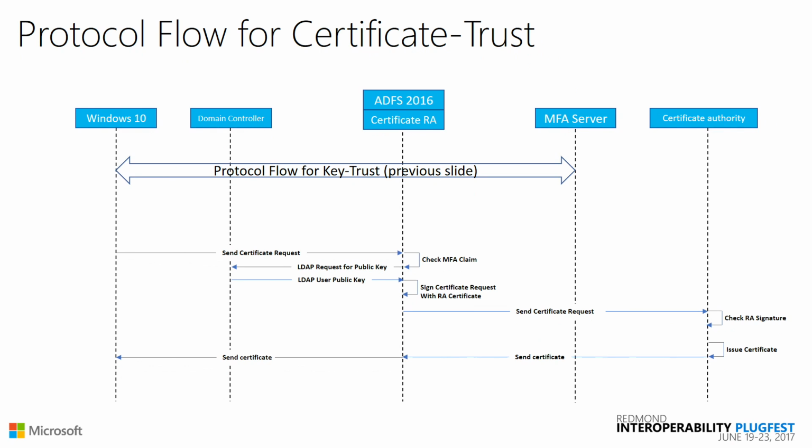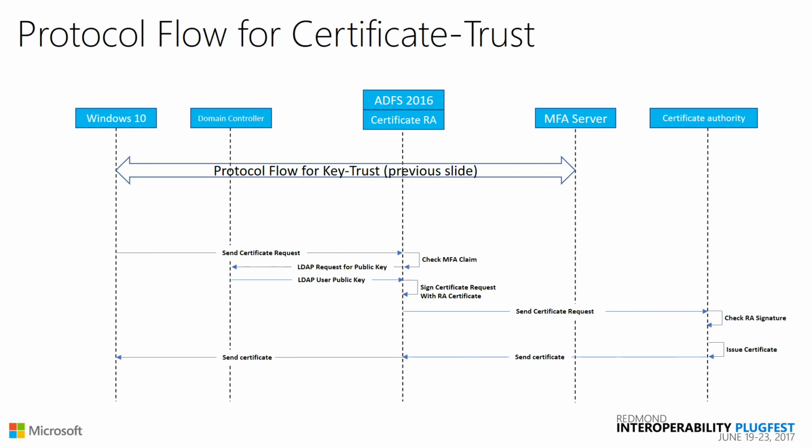The previous component that was dealing with keys was key registration; this is certificate registration. Again, with the claim that we got in the previous slide, if the claim checks out fine, we will also send an LDAP request to get the public key that we have already saved in AD.